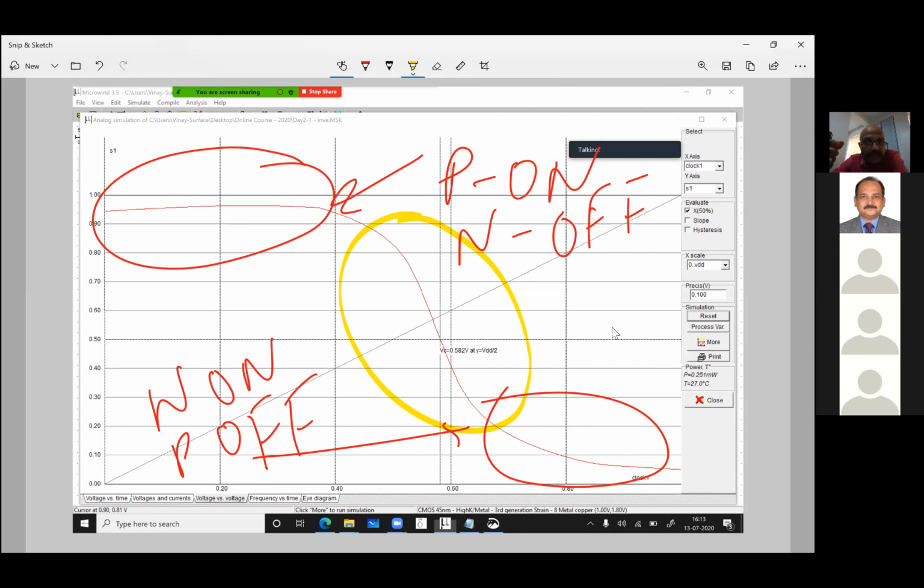Their output current is a linear equation with the input voltage. As you increase the input voltage, the current of the PMOS is decreasing and the NMOS is increasing, and hence the output voltage plot is also linear.